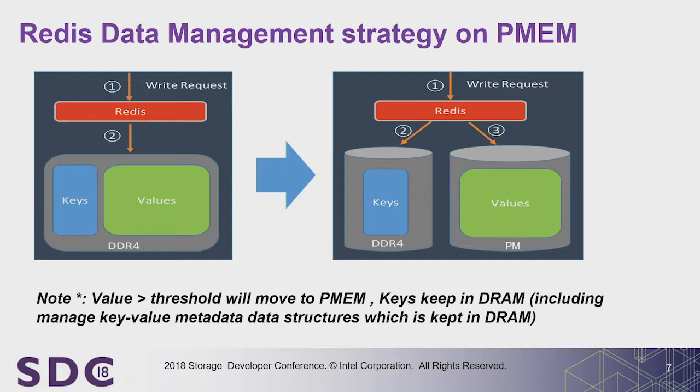And the keys, which are usually small and operated on a lot, are kept in DRAM. In more detail, the keys kept in DRAM include all the key value metadata management and user operations relevant to that metadata management. Those small things are kept in the high performance DRAM, while the large data or large values go into PMEM. So that's the general concept for this kind of data management. And for different kinds of usage, like volatile and non-volatile, I'll introduce a more comprehensive way in non-volatile mode.